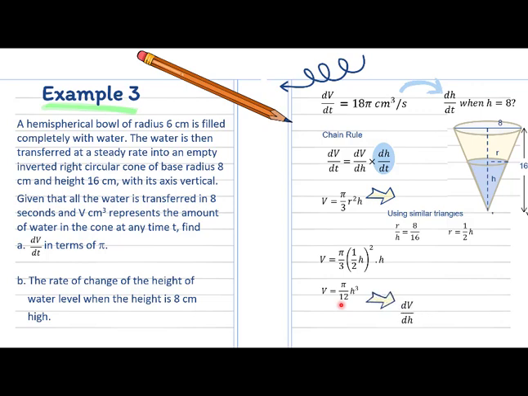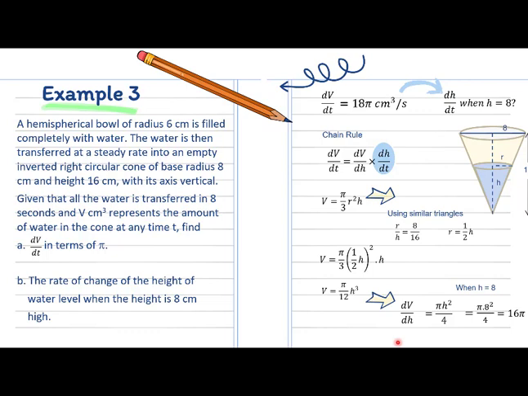Now we calculate dV/dh. The dV/dh will be pi times h squared over 4. Since we want dV/dh when h equals 8, we substitute h equals 8 and we get dV/dh, which is 16 pi.